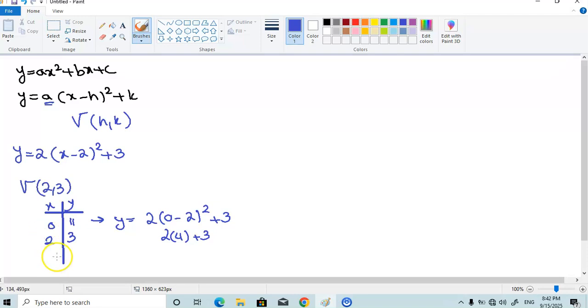And if I want the points to be equidistant, then I'm going to substitute 4 for that, and I'm going to have the same y, because a parabola is a symmetrical figure. So I mostly need positives, and let's have the graph.